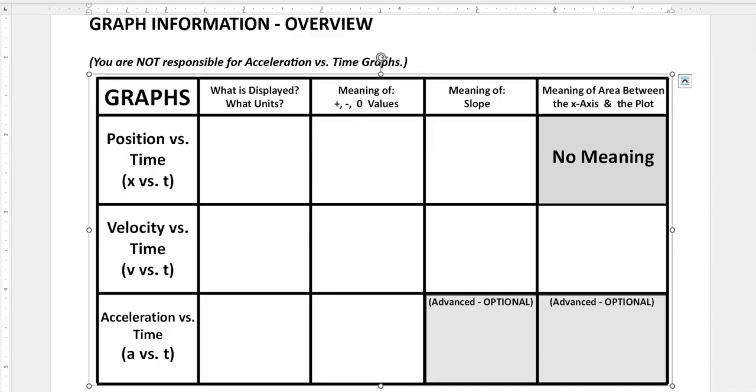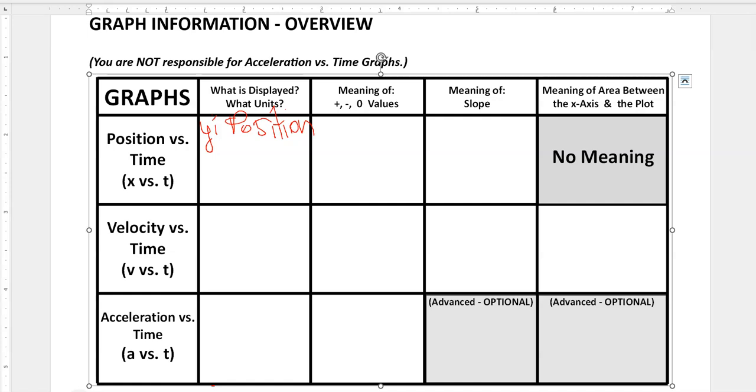Okay, so what is displayed? What are the units? Well, for a position curve, the y-axis is going to be position. Anytime you have a graph where it's something versus something, the first something is always on the y-axis, the second something is always on the x-axis.